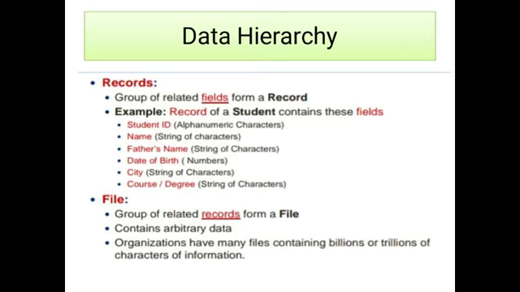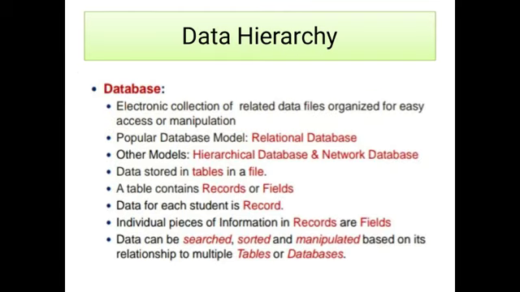And then comes file. What is a file? A file is a group of related records. It contains arbitrary data. Organizations have many files containing billions or trillions of characters of information. Database.